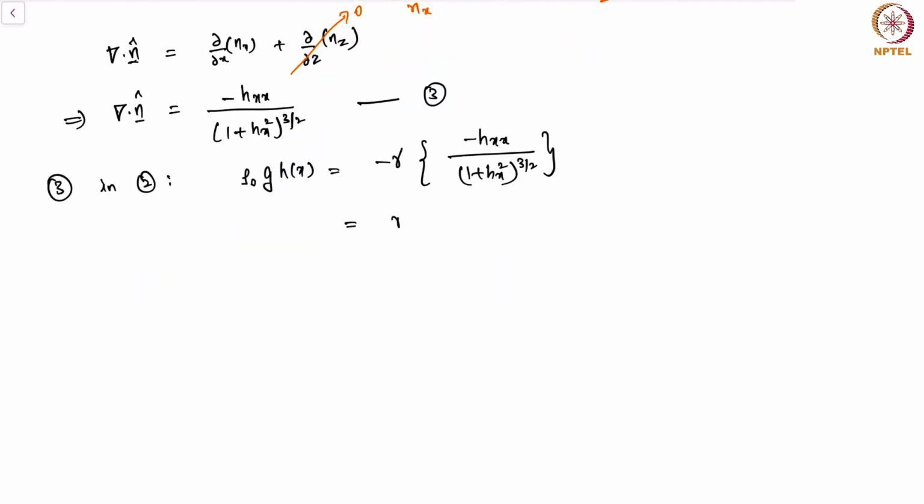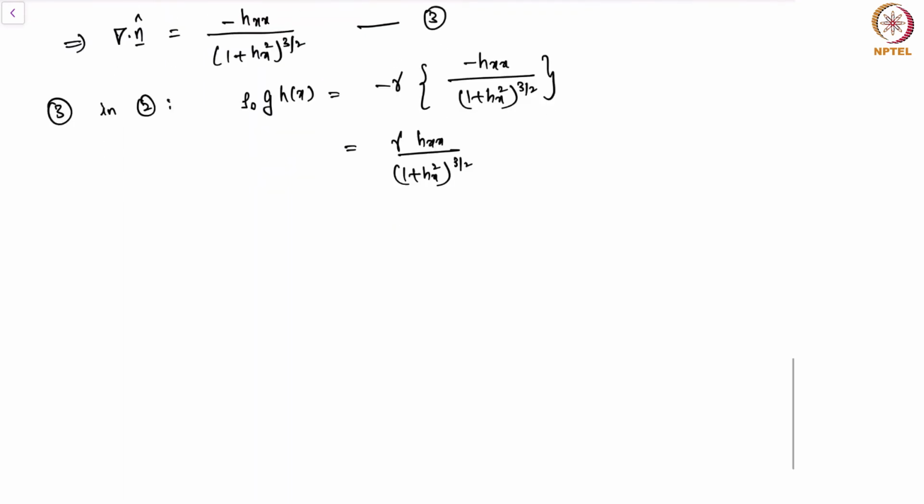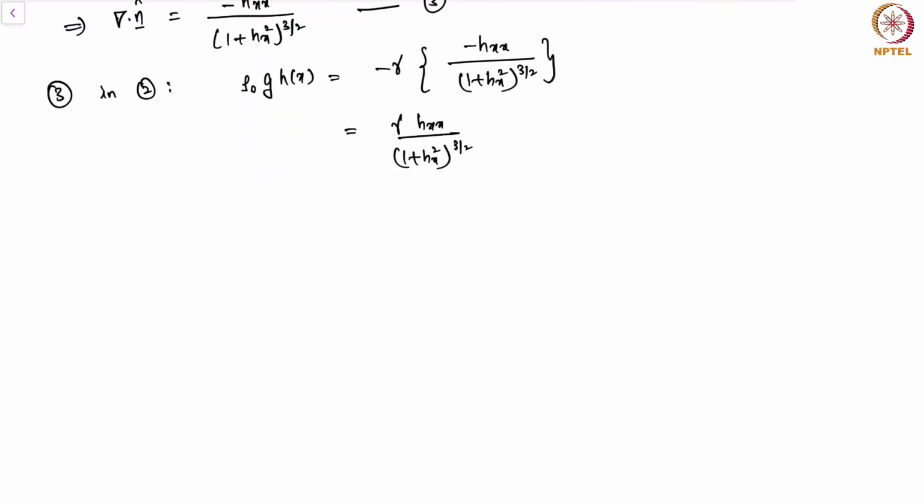This is nothing but gamma hxx by 1 plus hx square whole power 3 by 2, right? So we can also rewrite this as hxx by 1 plus hx square whole power 3 by 2 is nothing but rho naught g by gamma times h of x, right?